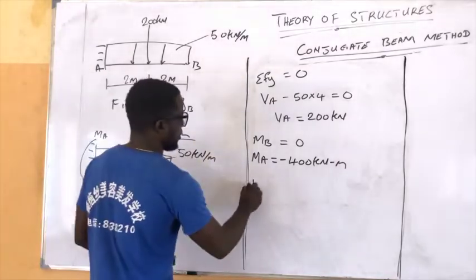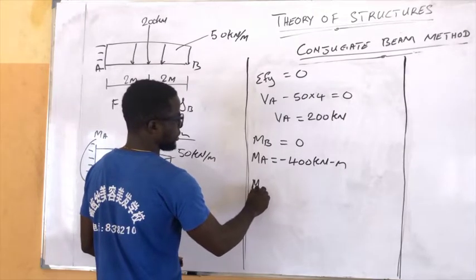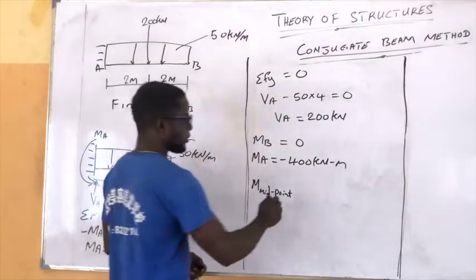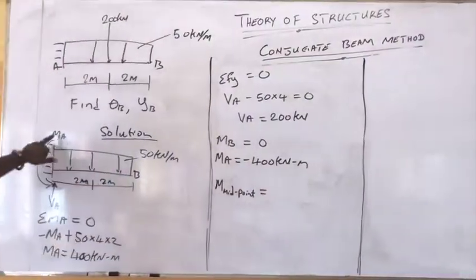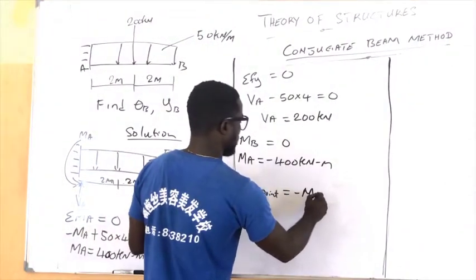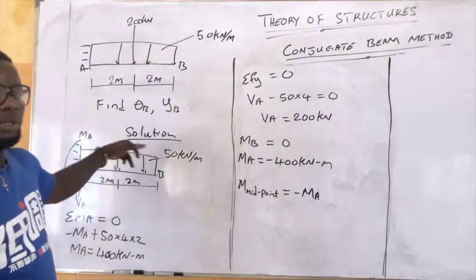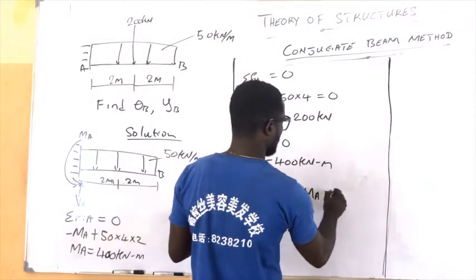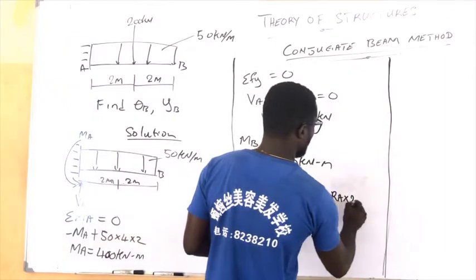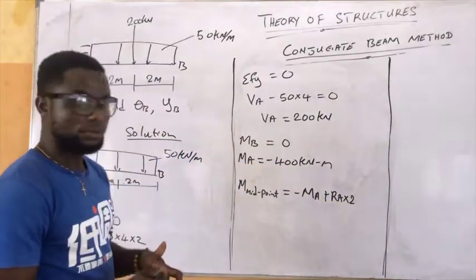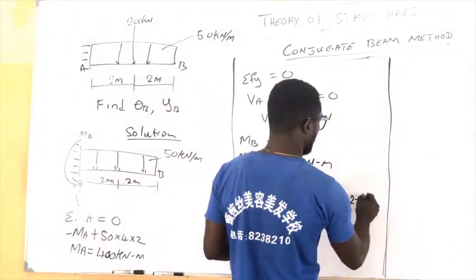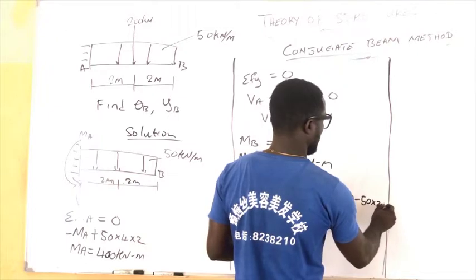Then the bending moment at the midpoint will be equal to negative MA, then we have the RA, which is positive RA multiplied by the perpendicular distance, which is 2, and also the UDL, minus 50 by 2 by 1.